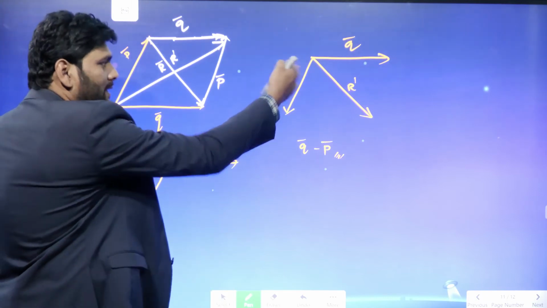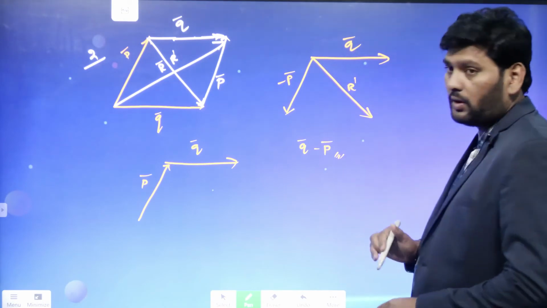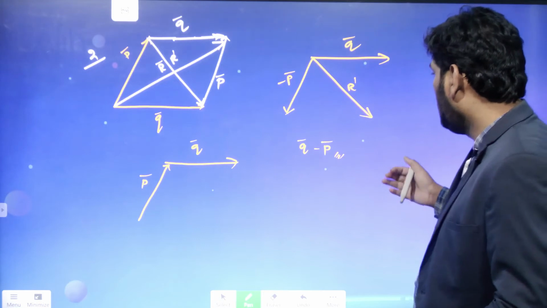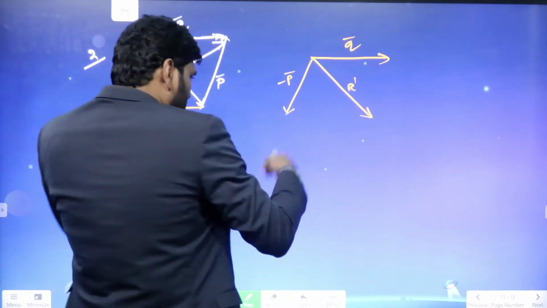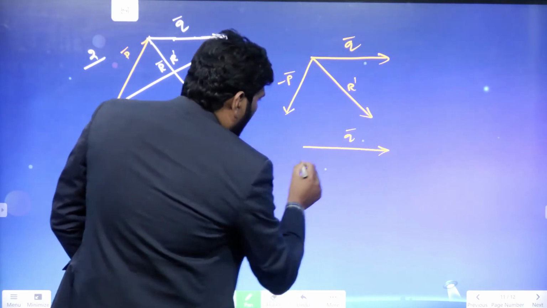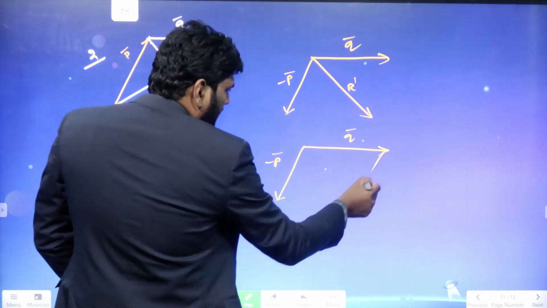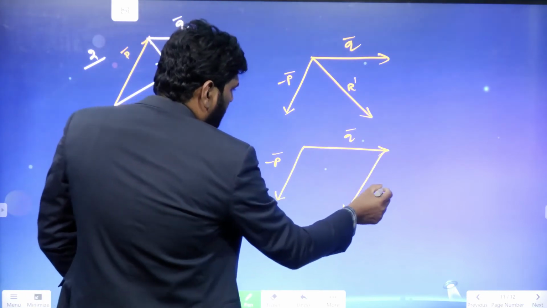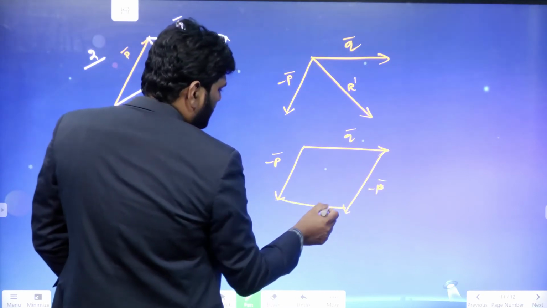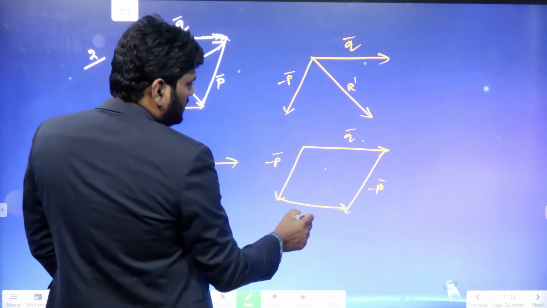Now using this, I'll construct a parallelogram. The parallelogram diagonal will give this R dash. So let me construct it here for better understanding. This is your Q bar, and this is minus P bar. Again I am taking minus P bar somewhere over here, and again Q bar.